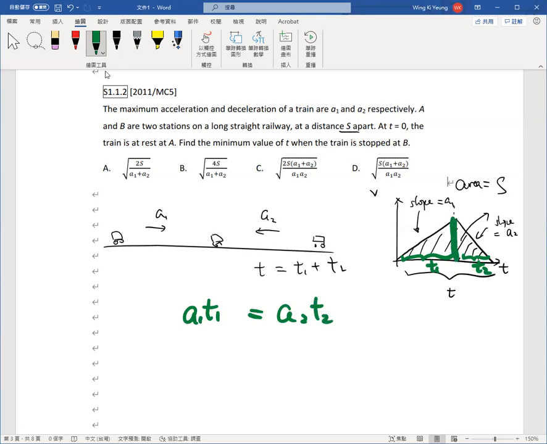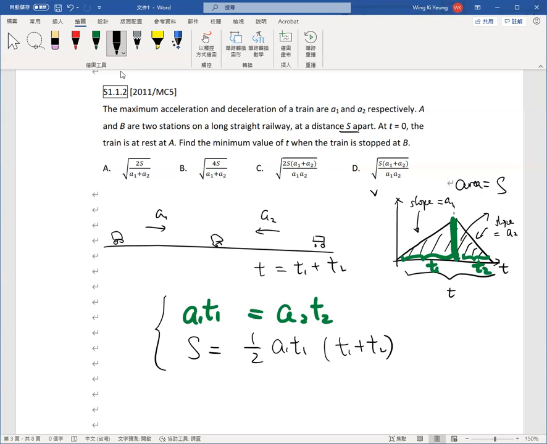You know the meaning of gradient: that is change in y over change in x. And then to find the area of the large triangle, S is equal to half the height, A1 T1, or you can use A2 T2, that's totally fine, times T1 plus T2. So these are all the formulas that are needed to solve this question.